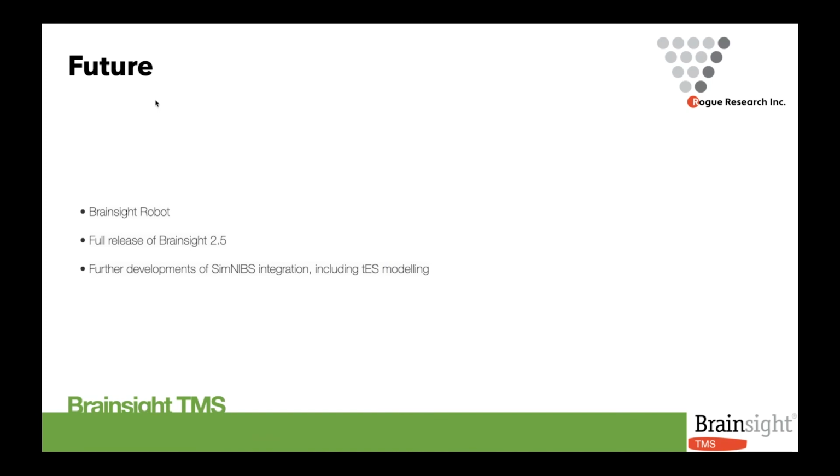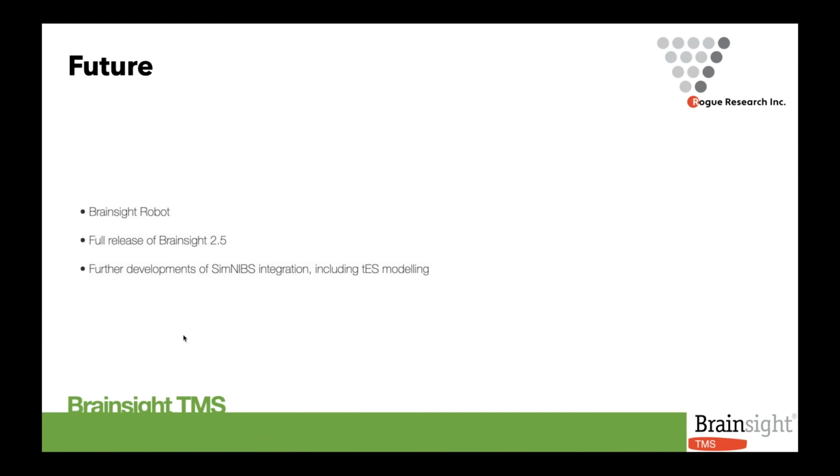So obviously, we in Rogue Research are aware of this. There is a fix coming, but unfortunately, Apple beat us to the release of this. So Brainsight 2.4.7, I can't remember what the current version is, 2.4.7, let's go with it. It is on the way. It'll be here in the next couple of weeks, maybe the next week.